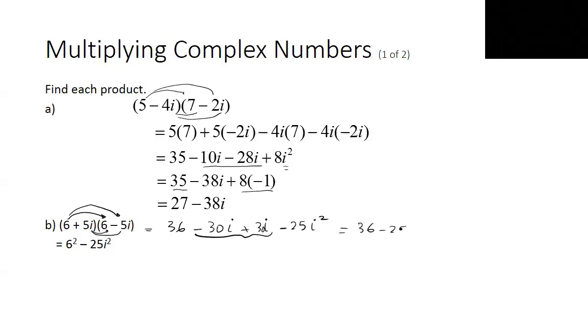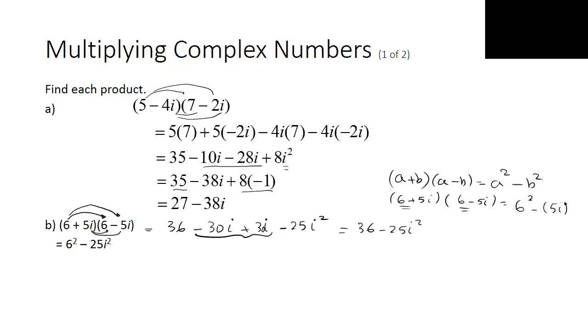So you would get 36 minus 25i squared. But if you recall, if I have a plus b times a minus b, the result would be equal to the difference of squares, a squared minus b squared. So you should really use the fact that we have two binomials that are conjugates of each other. If I have 6 plus 5i times 6 minus 5i, this is really the first term squared, which is 6 squared, minus the second term squared, which is 5i squared.